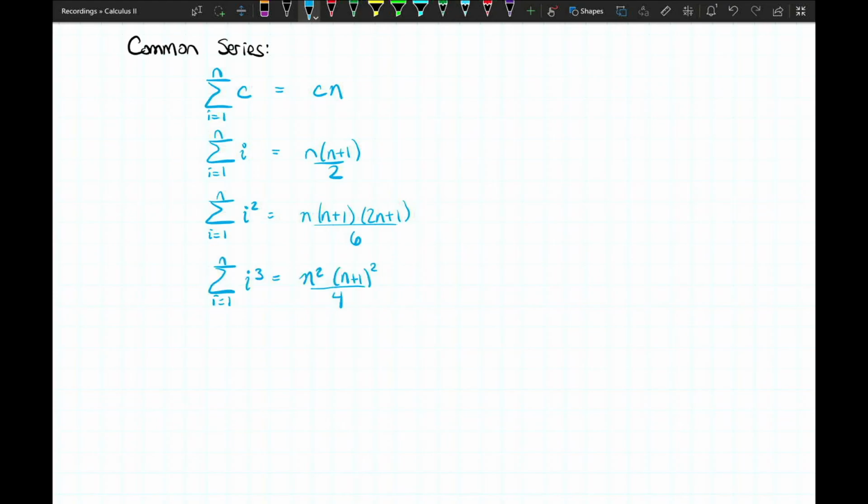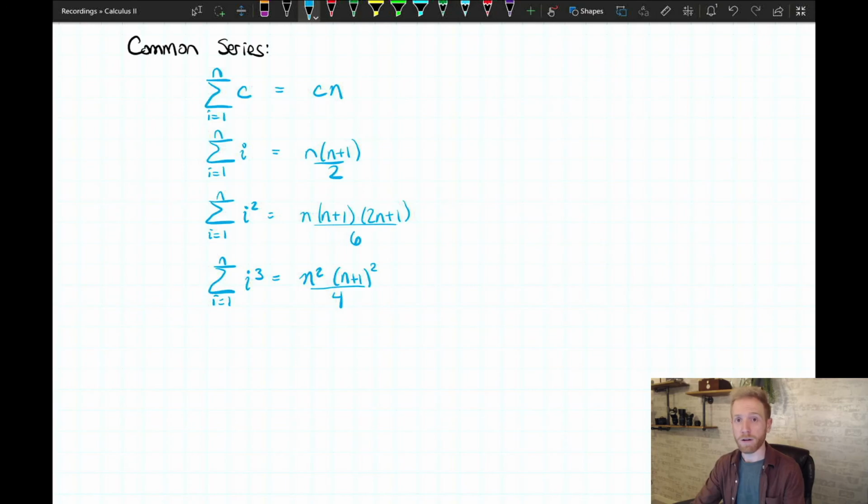Well, if you were predicting a nice clever pattern here, you might be a little disappointed. The sum of the first n perfect cubes is n squared times n plus 1 squared all over 4. Now, there are generalizations of this for higher powers of i, but we could probably leave it there because that safely gets us into the realm of cubic functions at this point in time.